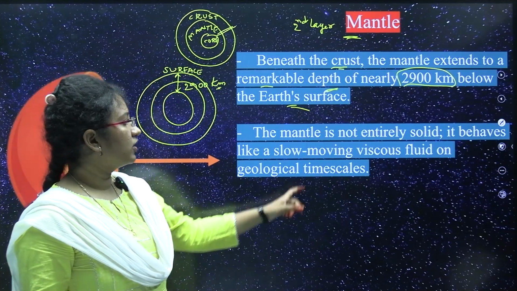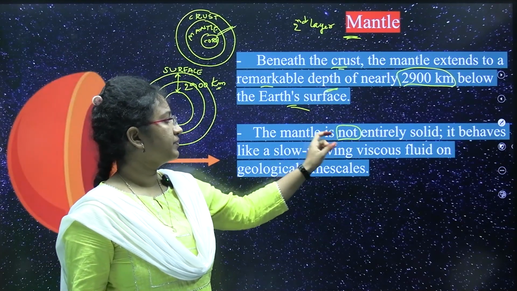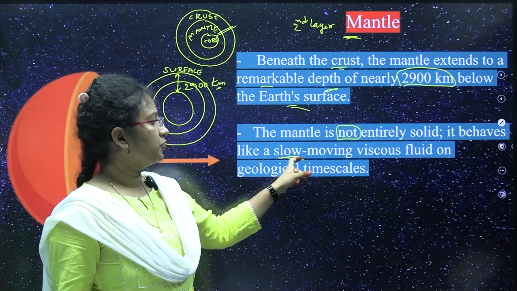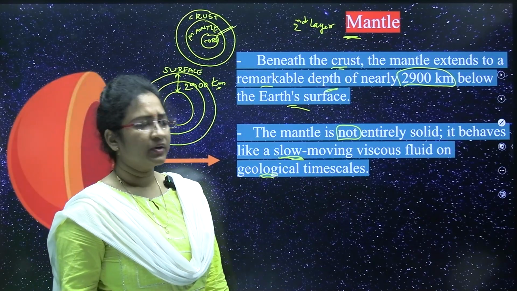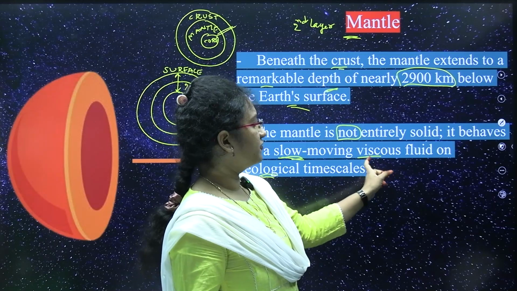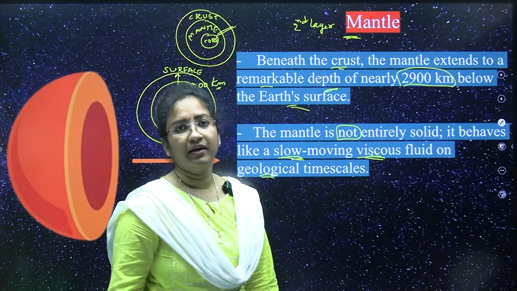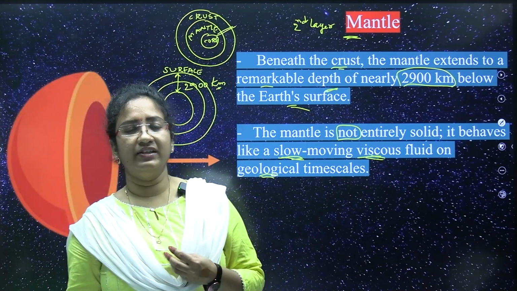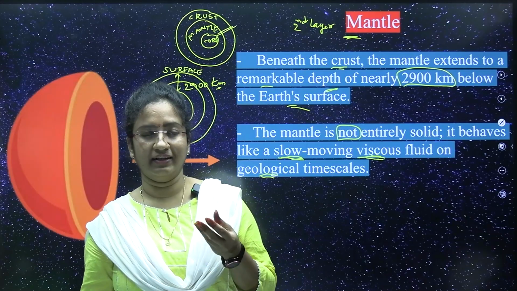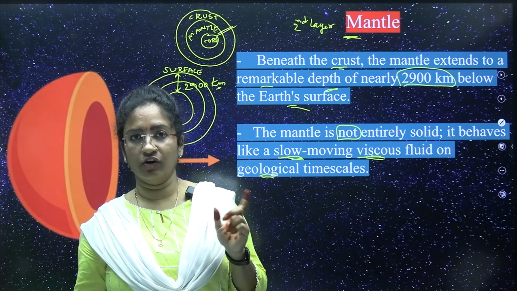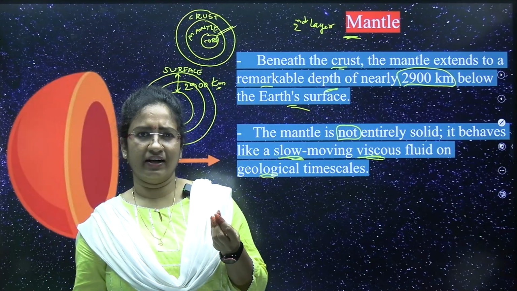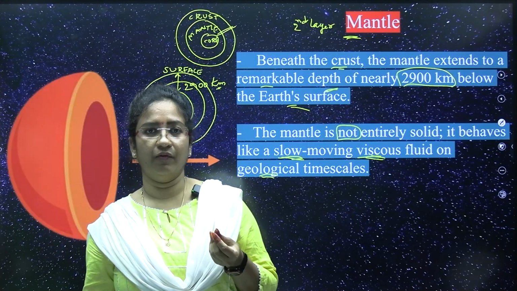So the mantle is not entirely solid. It behaves like a slow-moving viscous fluid on geological timescales. So what does it mean by a viscous fluid? Generally, you would have seen this jelly type of texture. It is not completely solid or completely liquid. So it is a viscous kind of fluid.